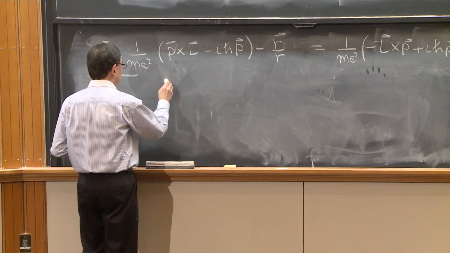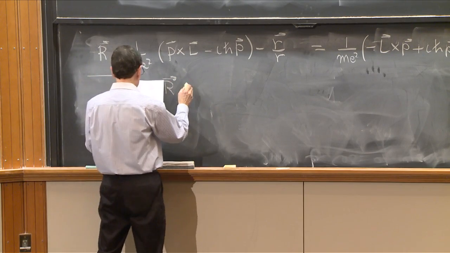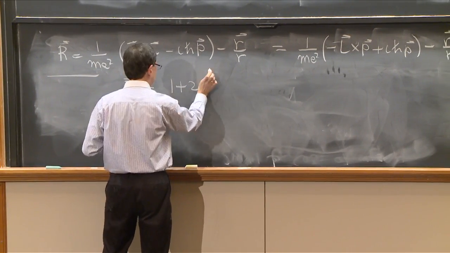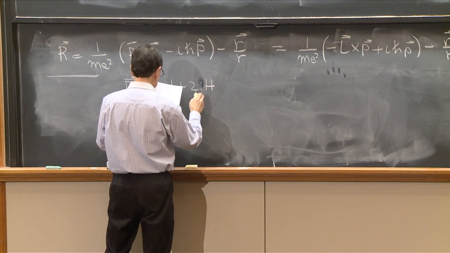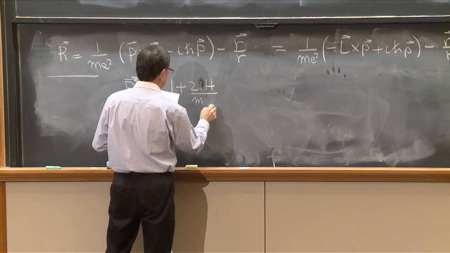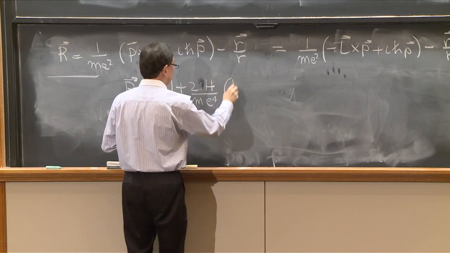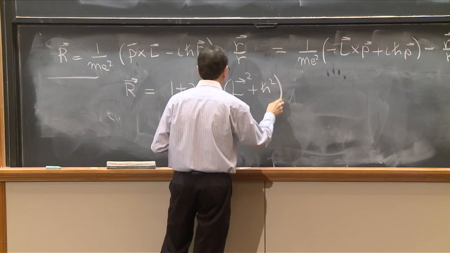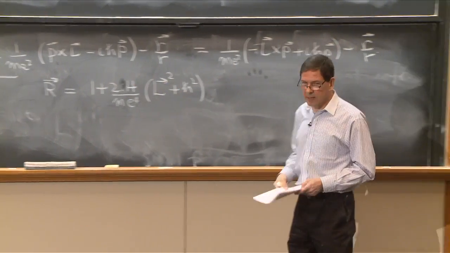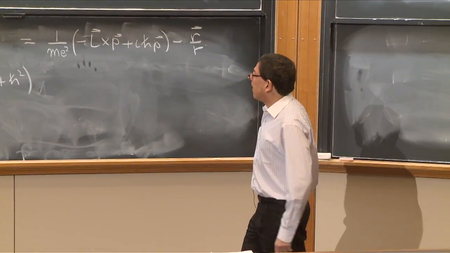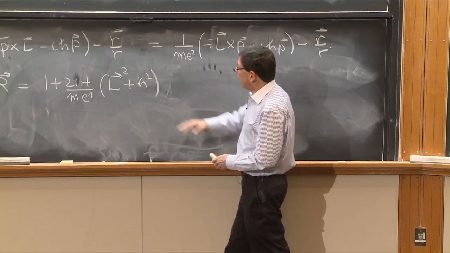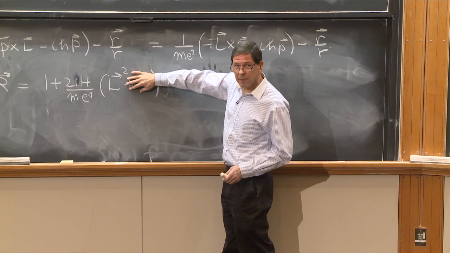And the computation gives a very nice result. R squared is equal to 1 plus 2H over m e to the fourth times L squared plus h bar squared. Kind of a strange result if you think about it. People that want to do this classically first would find that there's no h bar squared.